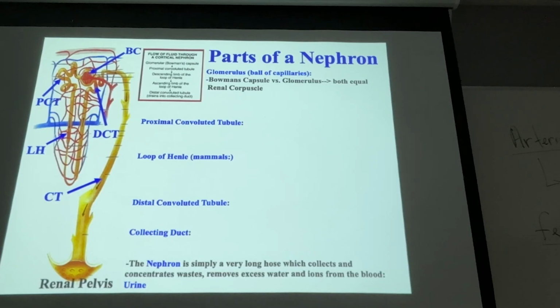And a little foreshadowing: kangaroo rats have the longest loops of Henle. Therefore, they can concentrate urine better than everybody else. Any animal that concentrates urine very effectively, and there are others besides kangaroo rats, usually has long loops of Henle.